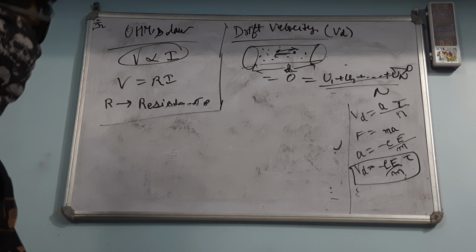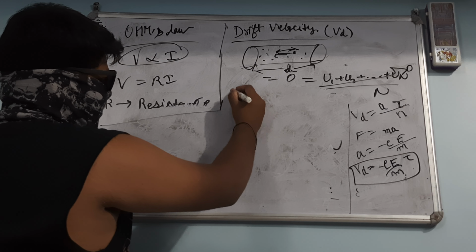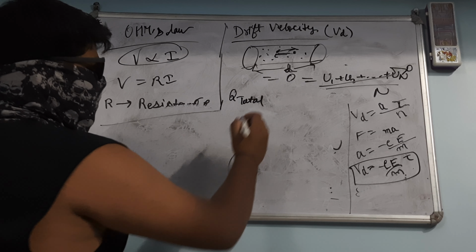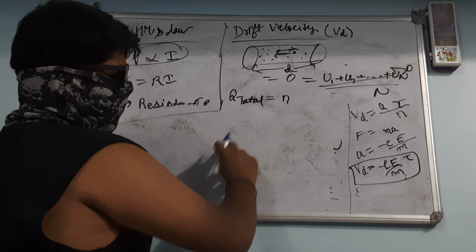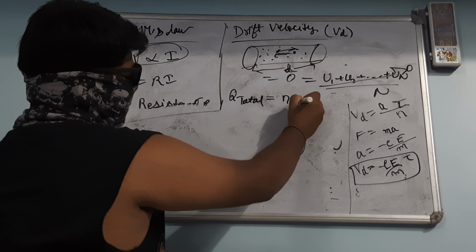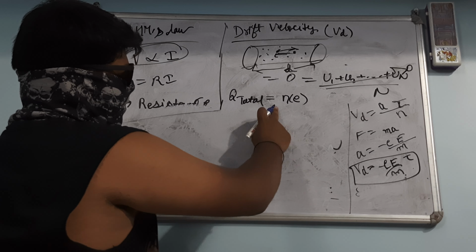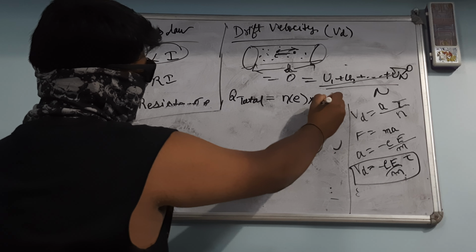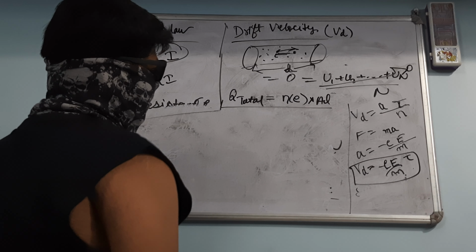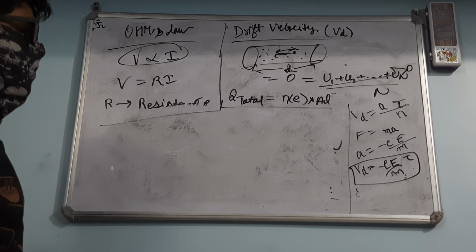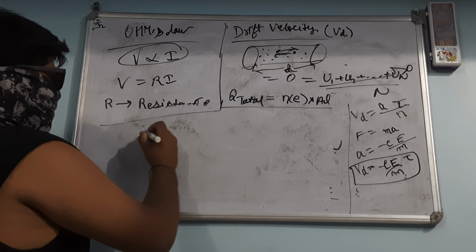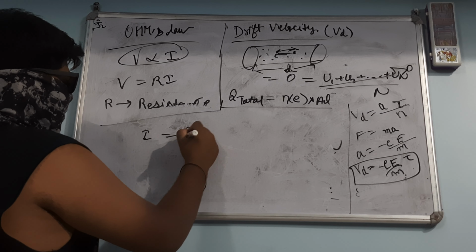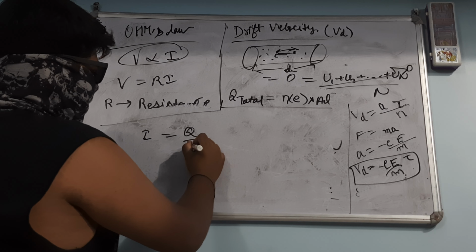Now, as we know, the total amount of charge flowing through this conductor will be number of electrons n into charge e, in this whole volume A d. This is Q total. So we know I is equal to Q by t.